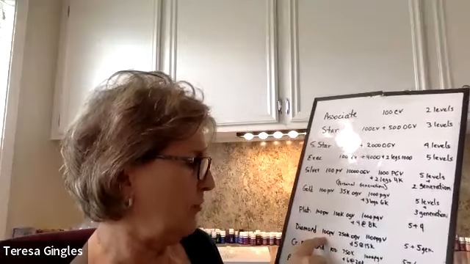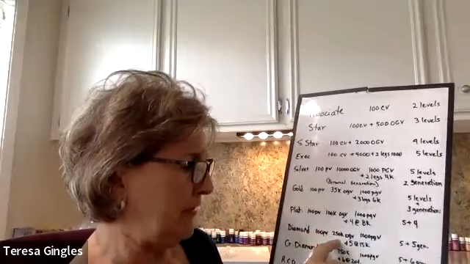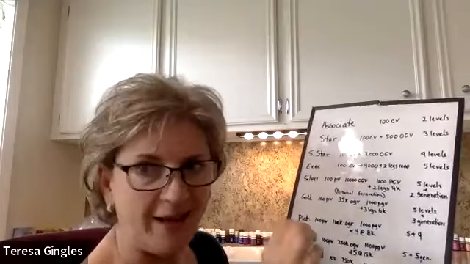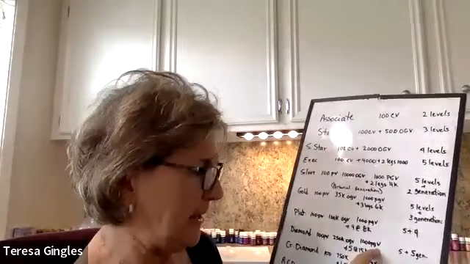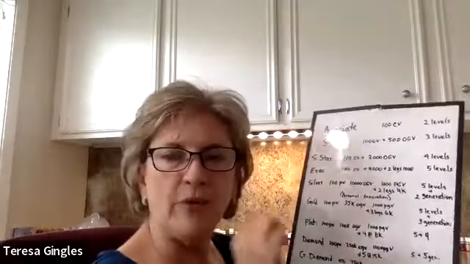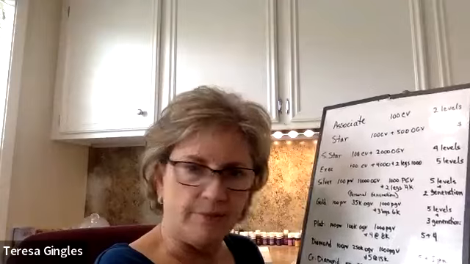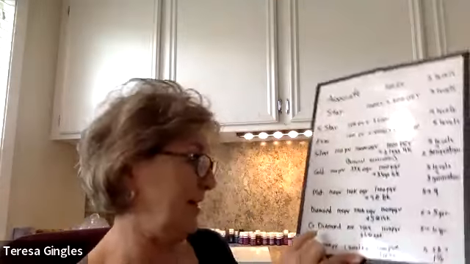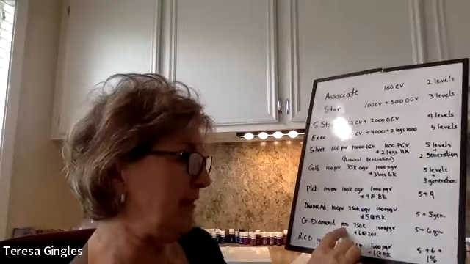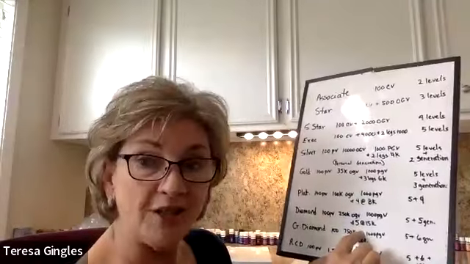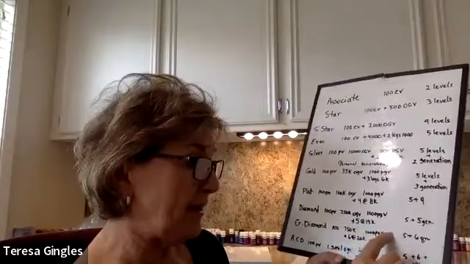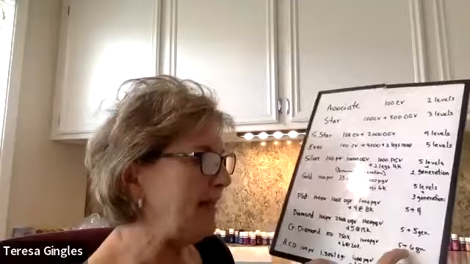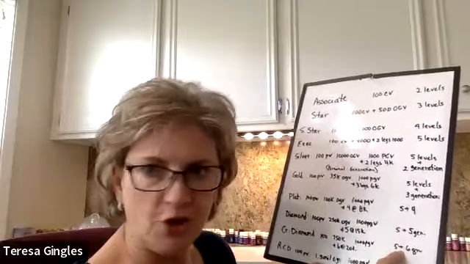Diamond is 100 PV, 250,000 OGV, 1,000 PGV, and 5 legs with each of them having 15,000. And then you get 5 levels plus the 5 generations. Crown Diamond is 100 PV, 750,000 OGV, 1,000 PGV, and 6 legs each with 20,000. And then you get 5 levels plus 6 generations.